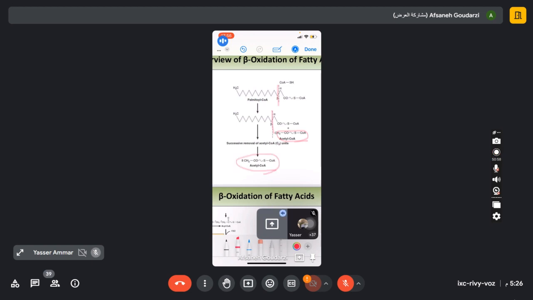We will reach 8 acetyl-CoA, because I said palmitoyl-CoA has 16 carbons. So upon this cleavage, we reach 8 acetyl-CoA. Each acetyl-CoA has 2 carbons, therefore 8 multiplied by 2 carbons, we reach 16 carbons.